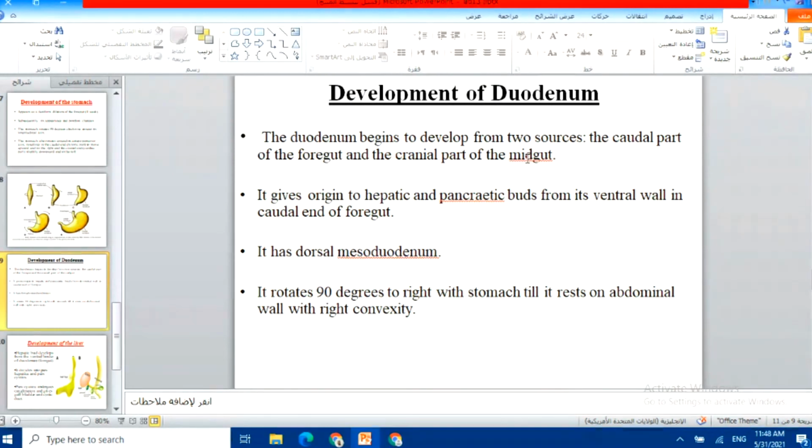You won't answer endoderm. But if I say what are the sources, I want two points. And if I want to make it clearer, I will say which parts of the gut will form the jejunum. You will tell me caudal part of the foregut and cranial part of the midgut. Okay.